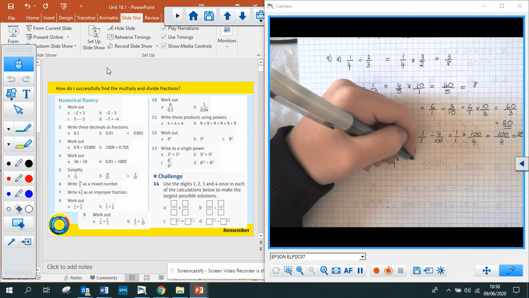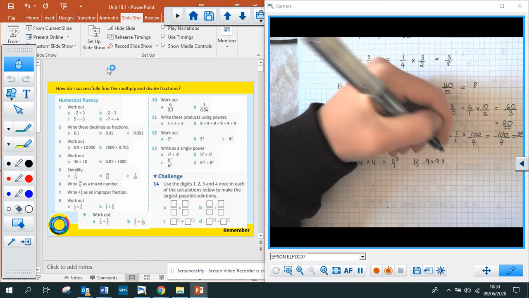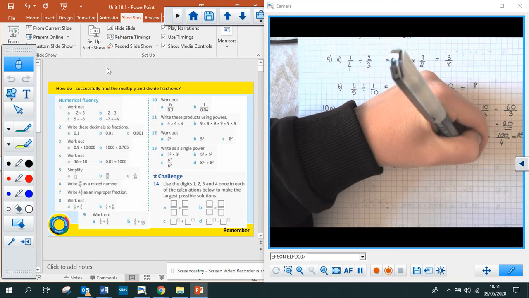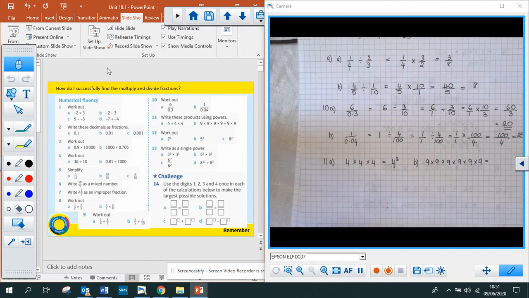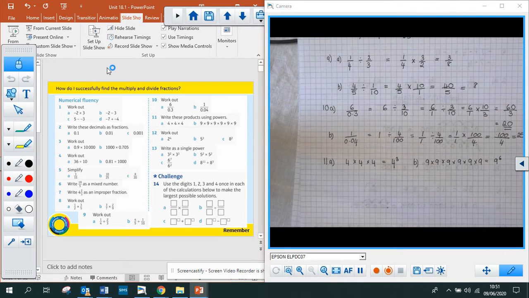Okay, B, we've got 9 times 9 times 9 times 9 times 9 times 9. There are 6 9s, so we're multiplying 9 by itself 6 times, so it's 9 to the power of 6. As easy as that when you know what it means by saying write these products using powers.